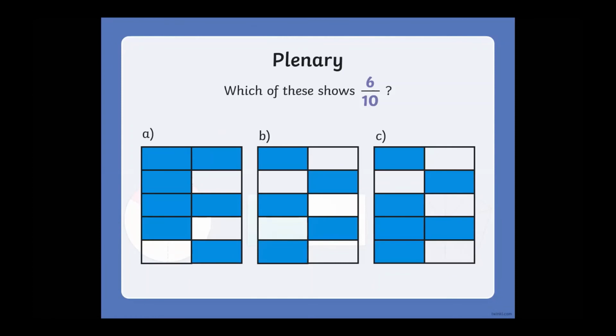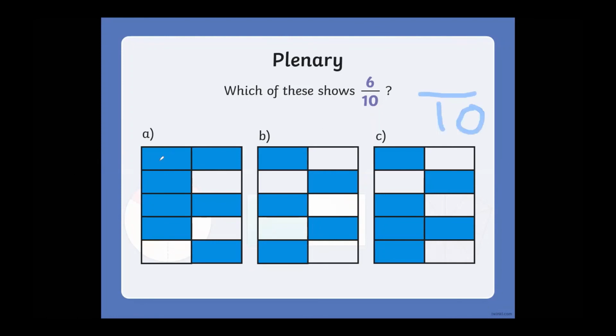Which of these shows 6 tenths? I'm going to give you some time to have a look. Okay, let's have a look then. So there are 10 equal parts in each square.